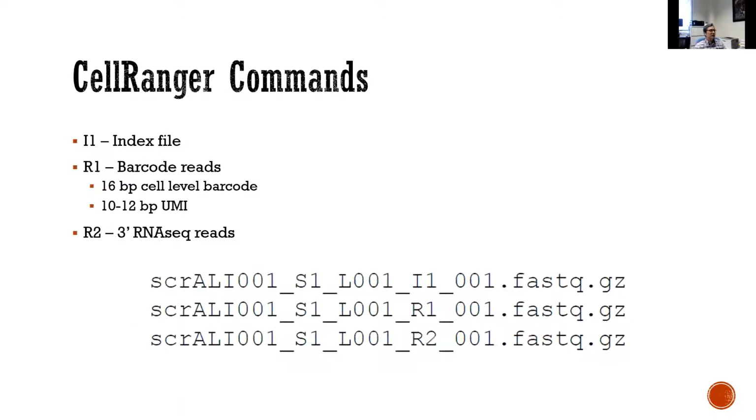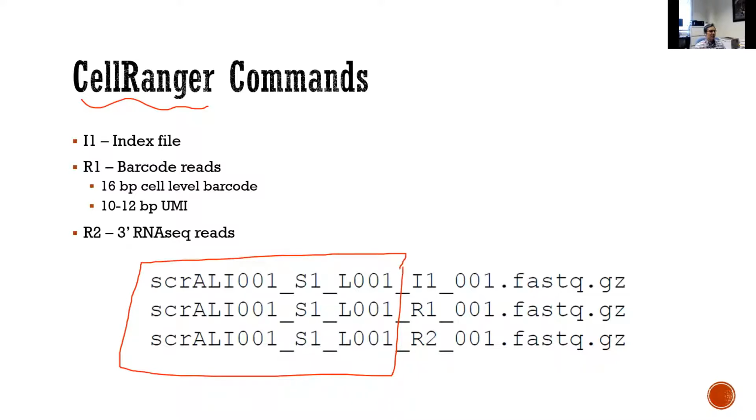So the input for Cell Ranger is 3 FASTQ files generated from your Illumina sequencer. So you see this part is all the same. It tells you from the Illumina sequencer the sample name, the length, and maybe sample names here, index. Then you have an index file, the first one.